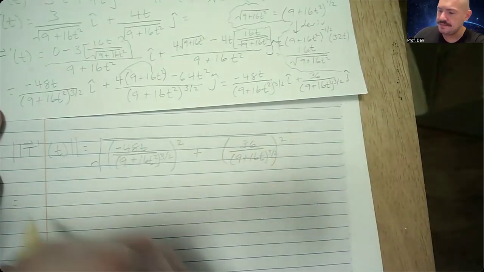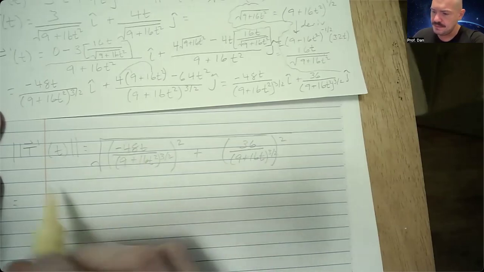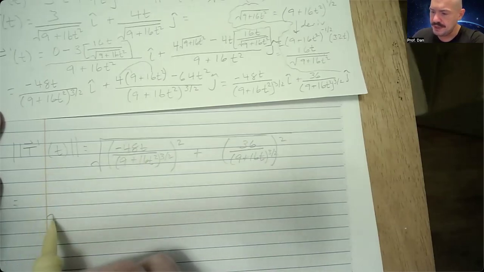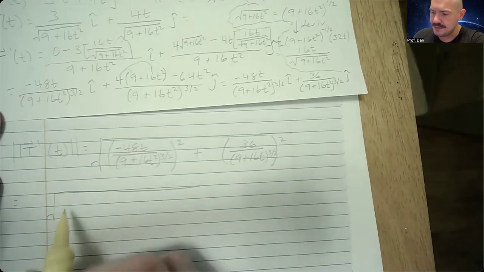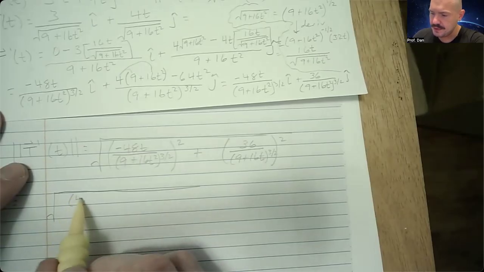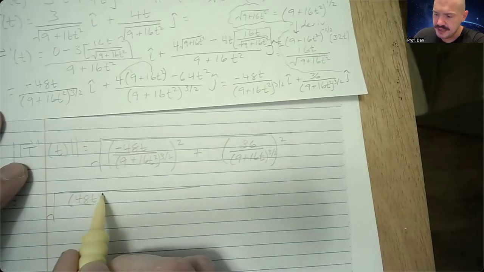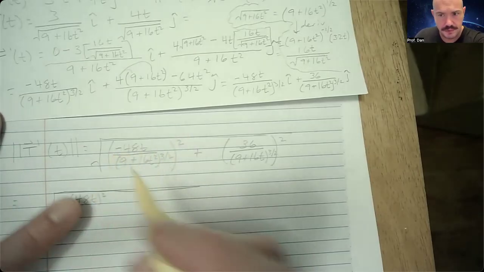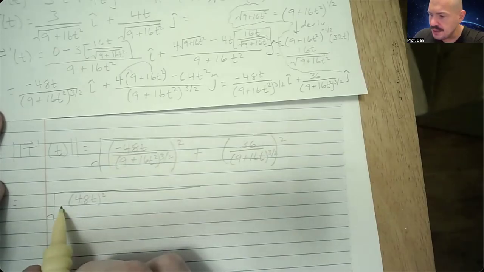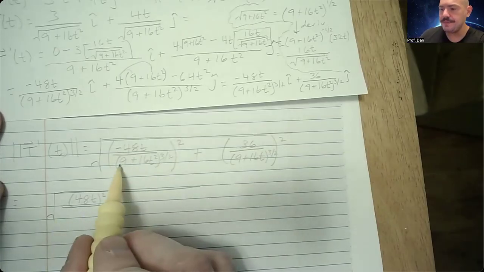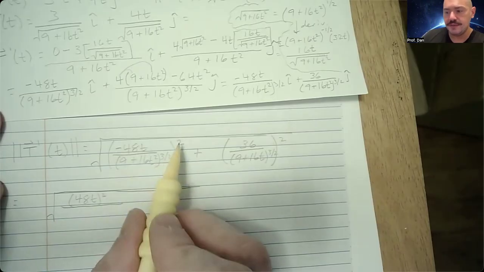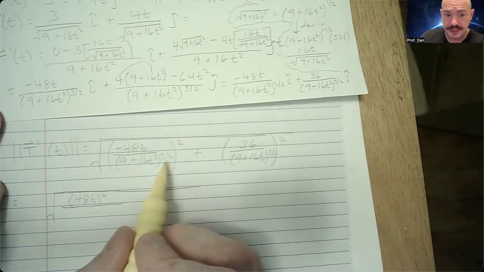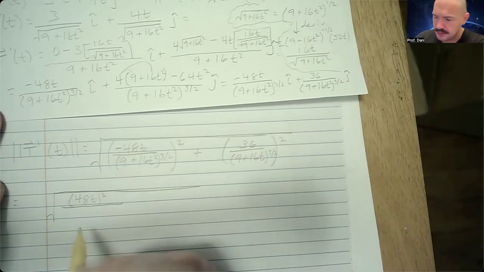So then we end up with the square root of, we'll call this 48t in parentheses squared. I lost the negative because when I square a negative, it will be positive, divided by this denominator, but now because power to a power you multiply, it'll only be to the third power.